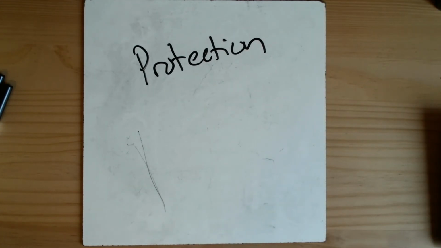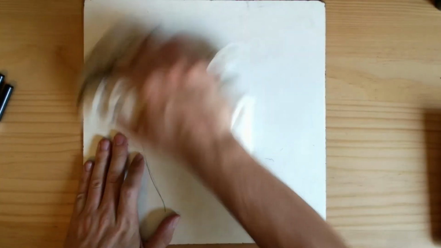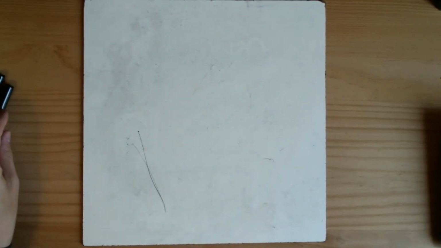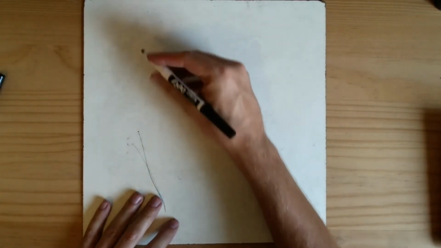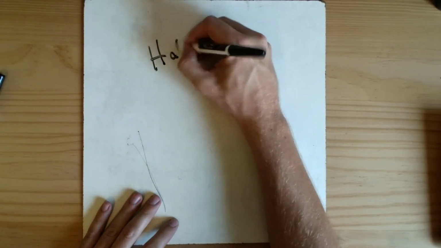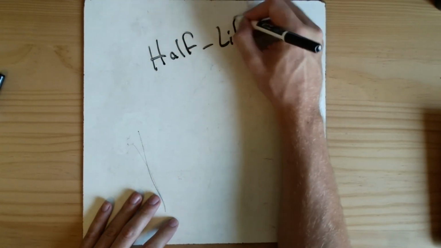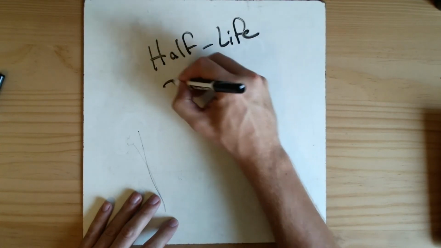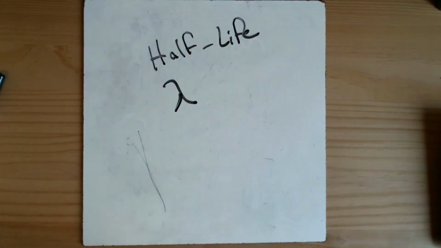Last up for this unit is an essential concept when you're trying to figure out how long something is going to be dangerous for, or how long something is going to be radioactive for. We have to talk about something called half-life. Half-life is represented by the Greek letter lambda, and this is the way that we calculate how long something is going to be radioactive.